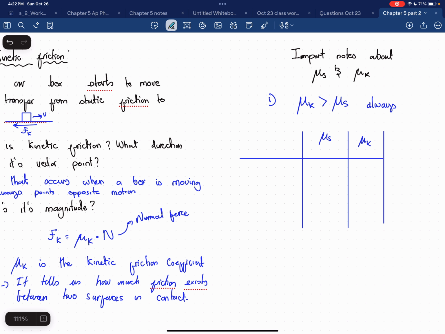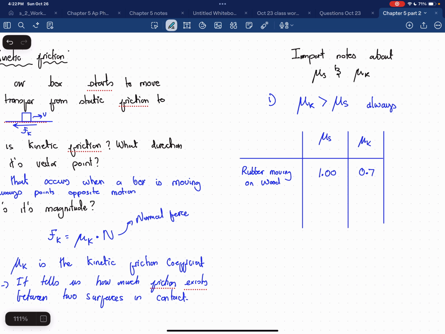Let's say rubber moving on wood: the static coefficient would be 1.00, and the kinetic friction coefficient will be 0.7.